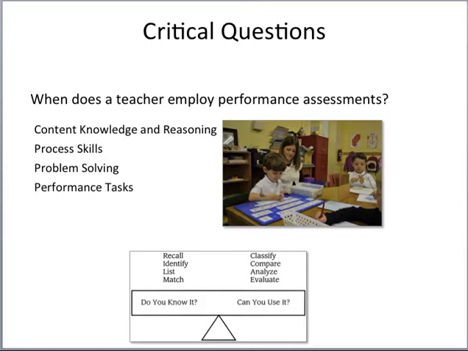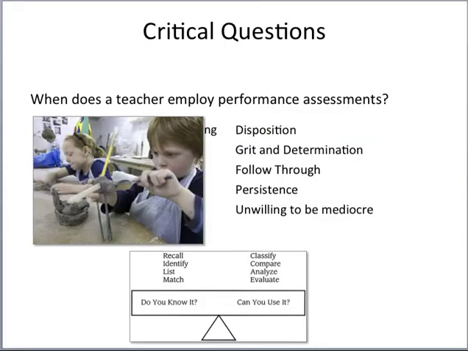One is that not only can we measure content knowledge and reasoning skills, but we can also measure a student's disposition.